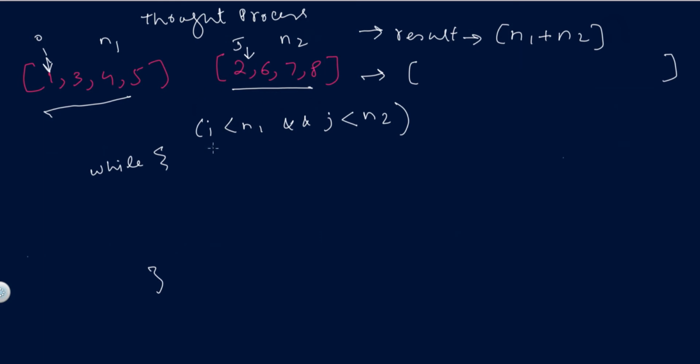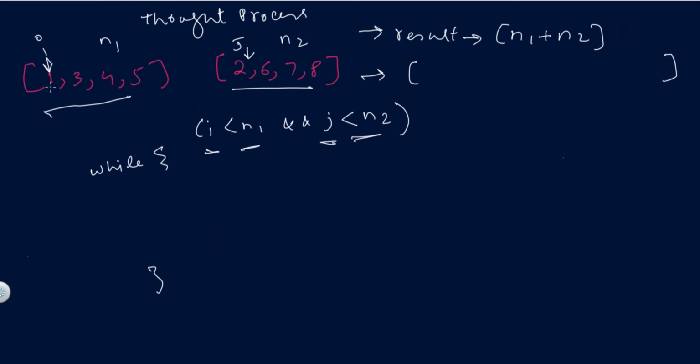That's why i should always be less than n1 and j always less than n2. So we will iterate both of these arrays, but while iterating, we will compare each integer.